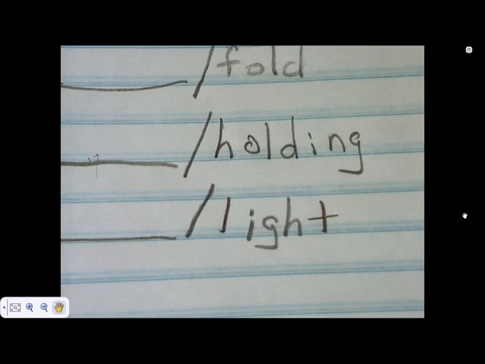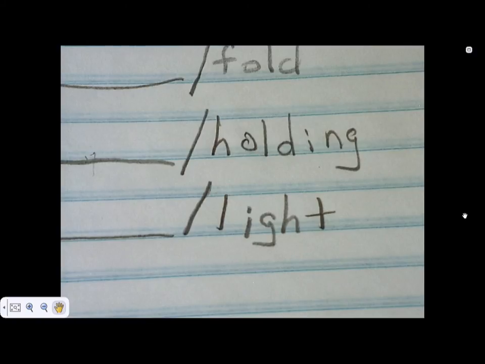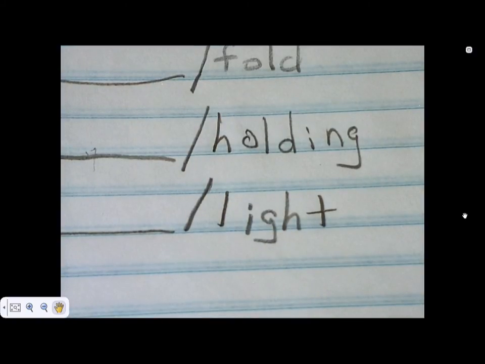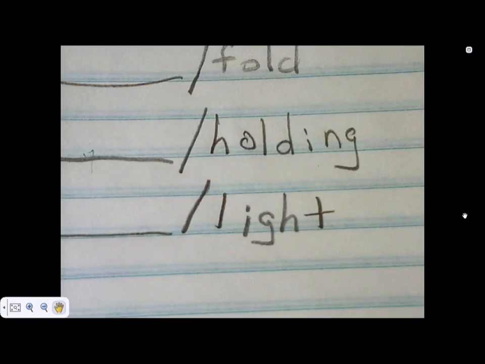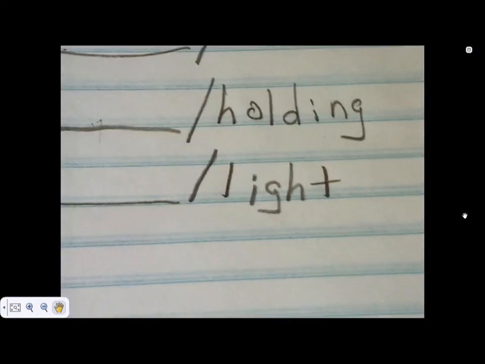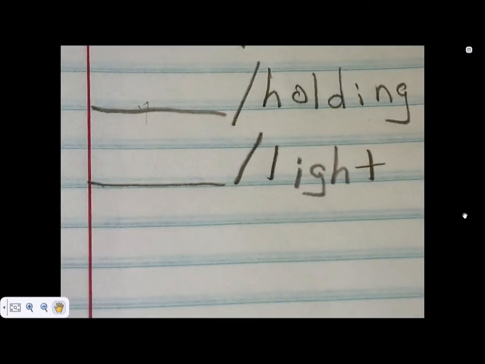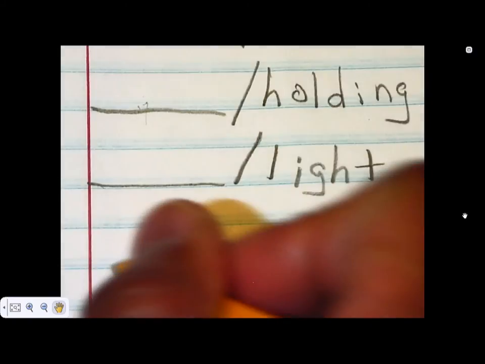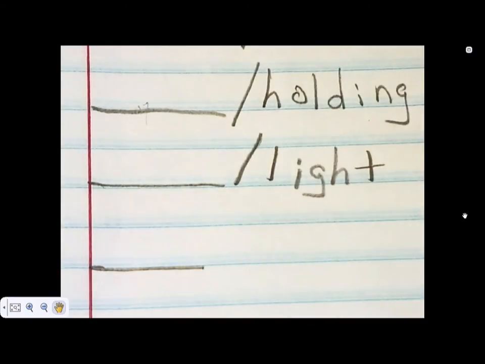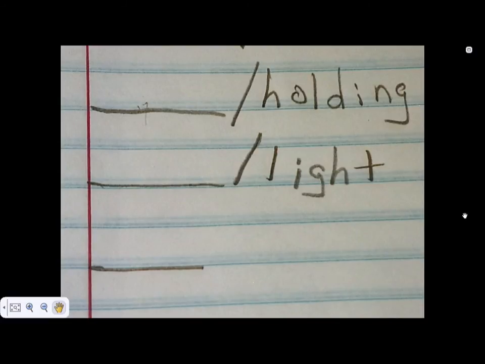Number 4, slight. Repeat. Think about the sounds and the letters that make those sounds and write slight. Remember, you should have attempted it, so those are the letters you attempted.